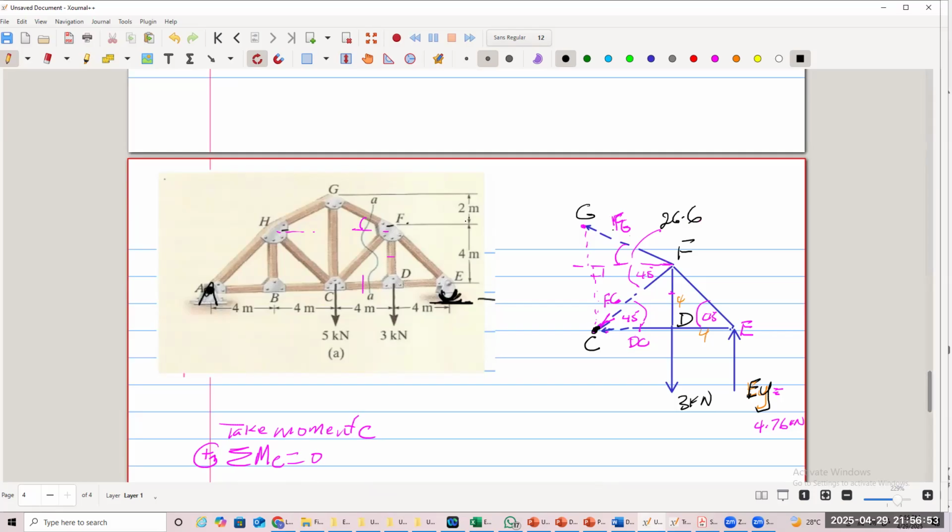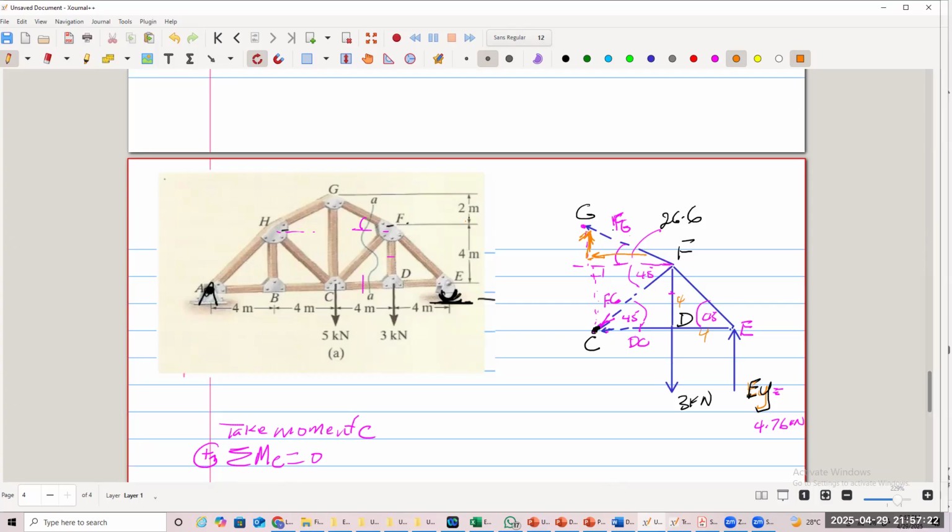So it has components in two directions here, you agree? It has a component there and a component here. The vertical component is going to be running through C, so we have to be careful.